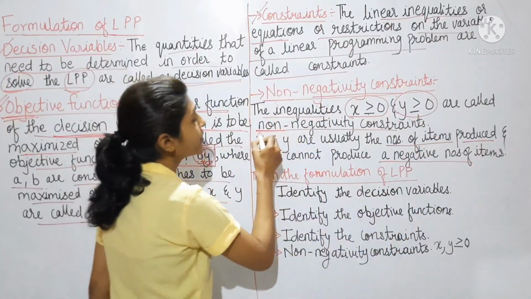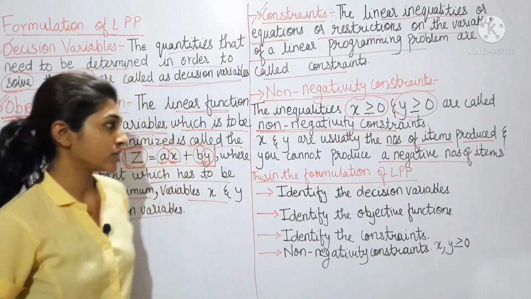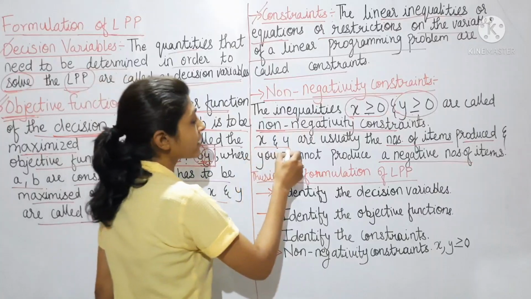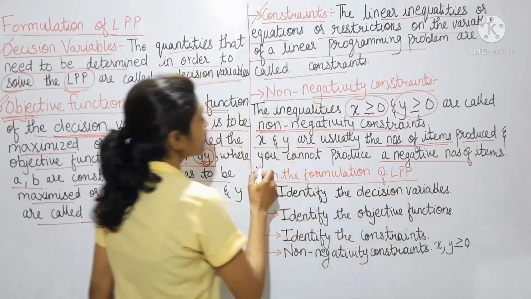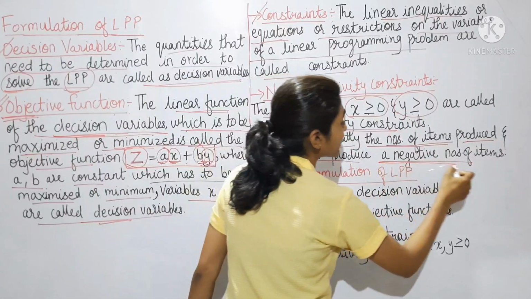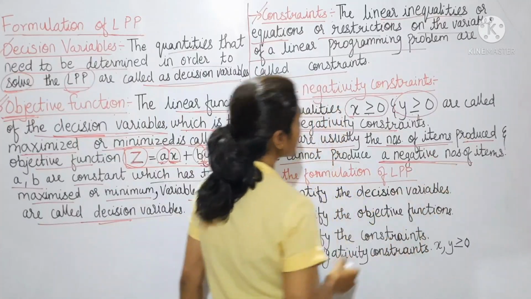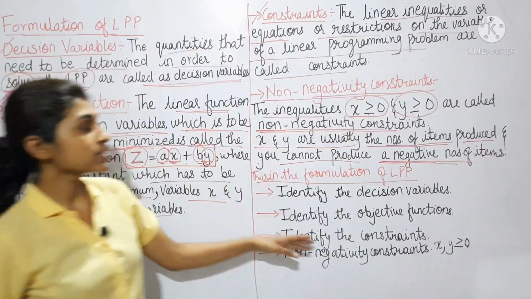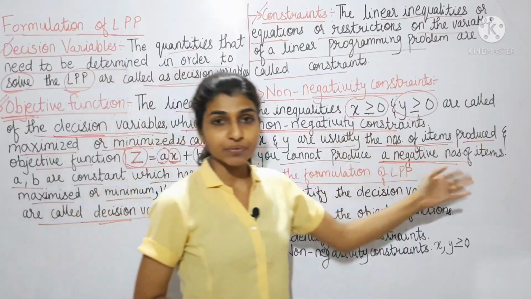These are called non-negativity constraints. It is also called physical constraints. So I will repeat again, x and y are usually the number of items produced, and you cannot produce a negative number, that's why always x is greater than or equal to 0 and y is greater than or equal to 0.